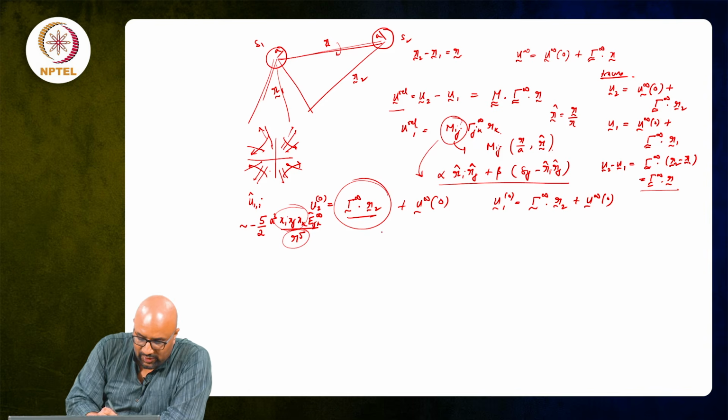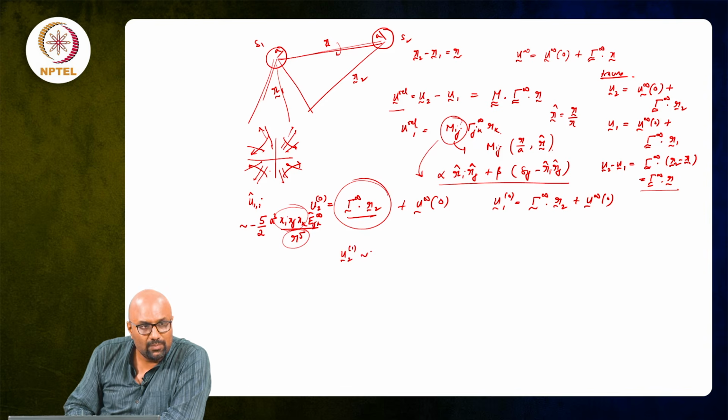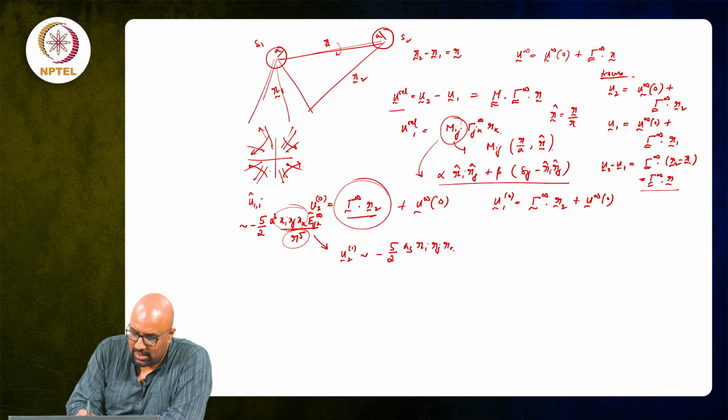The second sphere is seeing a background flow which is due to the disturbance from sphere 1, right. So, this is minus 5 a cube Ri Rj Rk e jk infinity by r to the power 5.